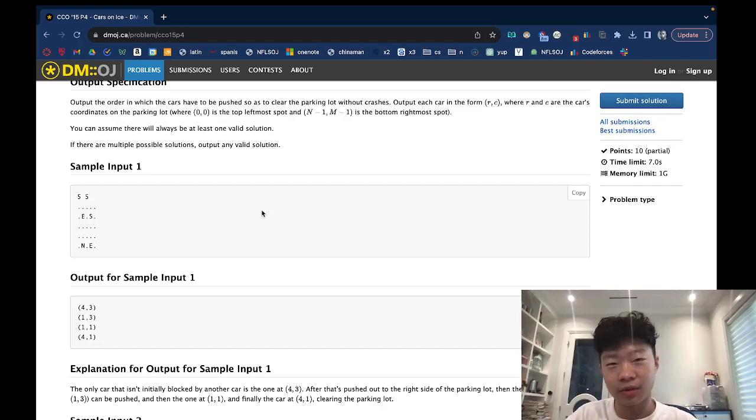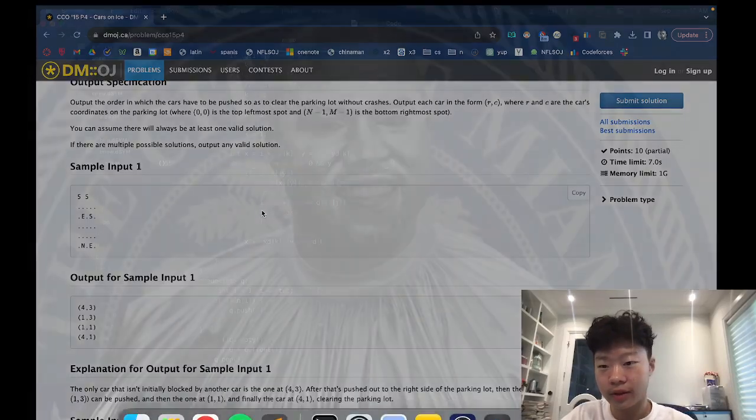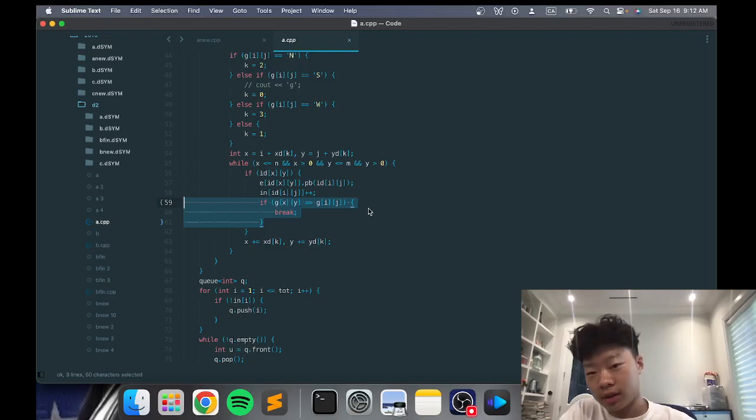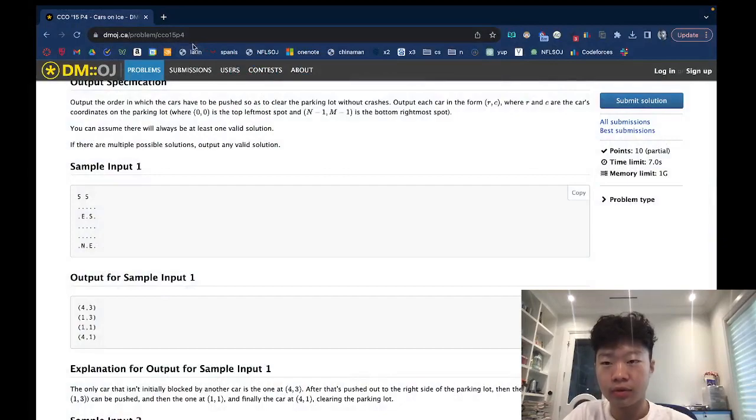So if it's going in the same direction as in your path, then you have to wait till that guy goes, right? So it's literally one line of code. If it's the same direction, boom, you're gone. You're done. You don't have to do it anymore.